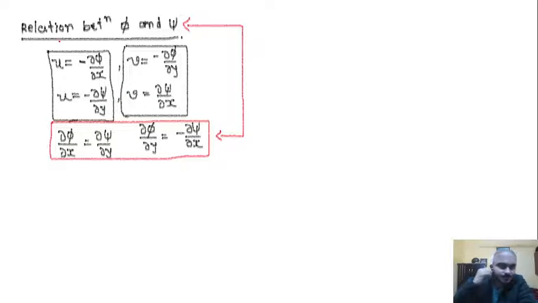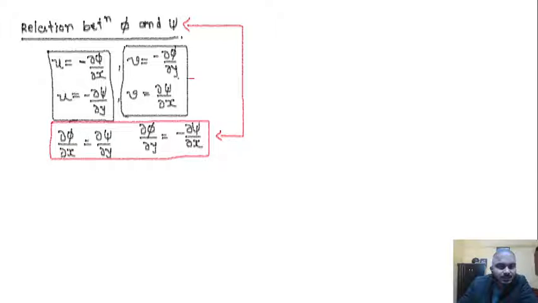Now the next is the relation between phi and psi. Based on the definition of the velocity potential function, we have written these two equations in the first box, and based on the definition of the stream function psi, we have written these two equations. Oops, we made a mistake here.